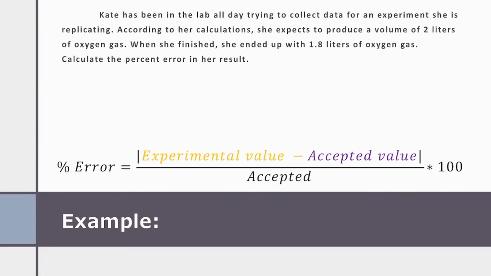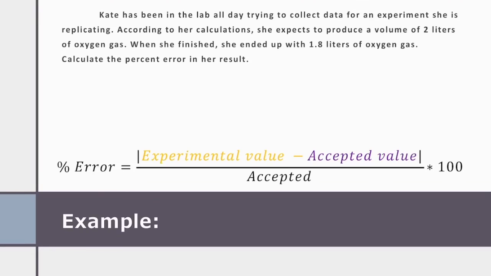So let's put our formula up here again. The first thing we do before we plug into any formula is identify which value is our experimental value and which one is our accepted value. Remember, the experimental value always comes from experiment.